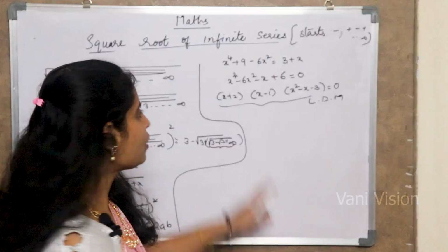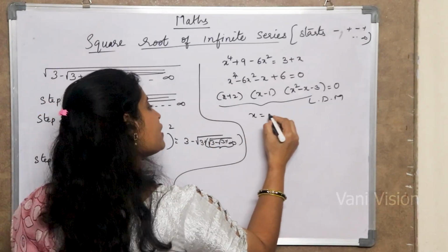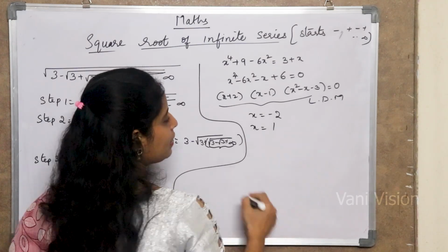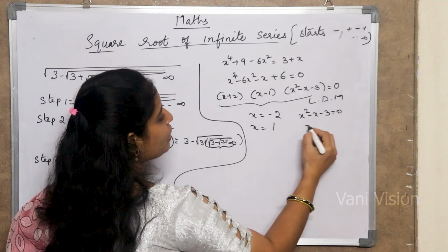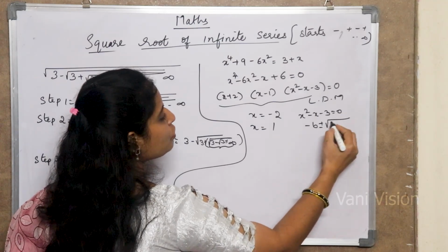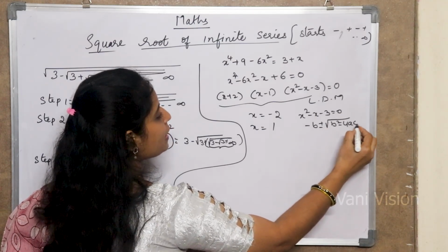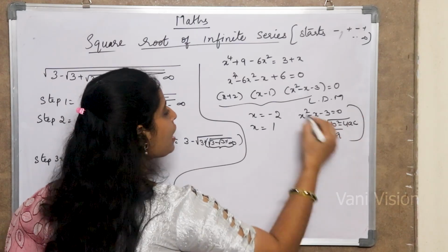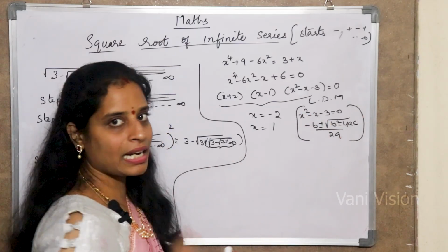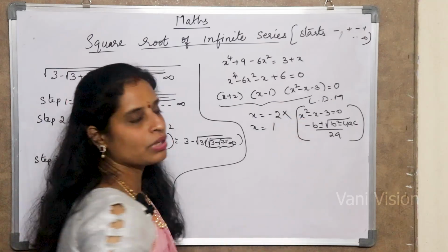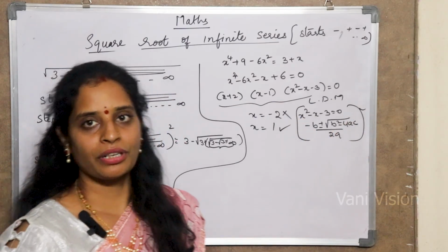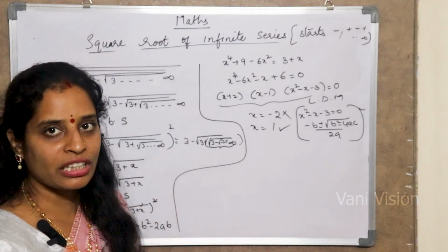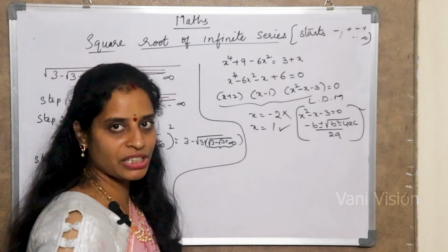Okay, so our answer will be what? x is equal to minus 2, x is equal to 1. For x square minus x minus 3 is equal to 0, use the formula minus b plus or minus root over b square minus 4ac by 2a and find out. See, our answer will not be a negative value. Our answer will be a positive value or an irrational number. Okay. If it is not a perfect square, it will be an irrational number. Clear?